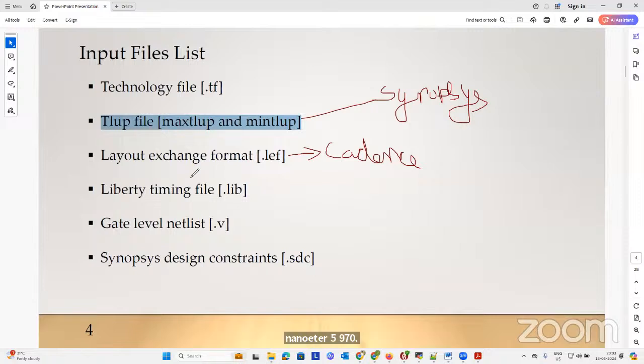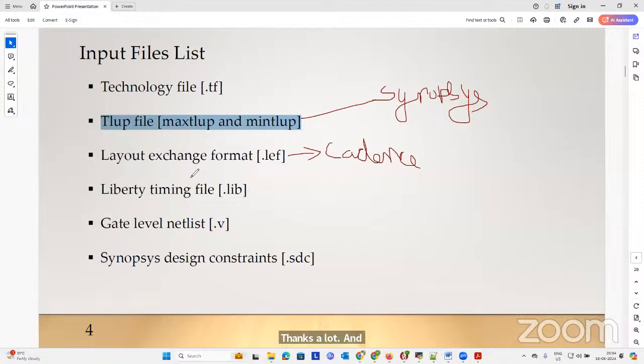Table lookup files have the gate delays like maximum time delays, minimum time delays, maximum power, minimum power, maximum areas of the gates, minimum areas of the gates. Whatever standard cell library we use in our .lib files, each and every cell has maximum area, maximum power, maximum timing delay, and minimum area, minimum power, minimum timing delay.